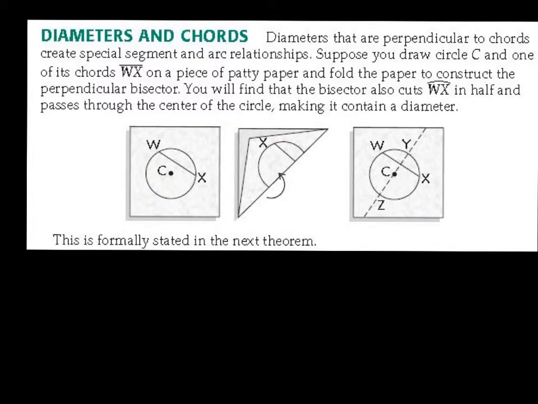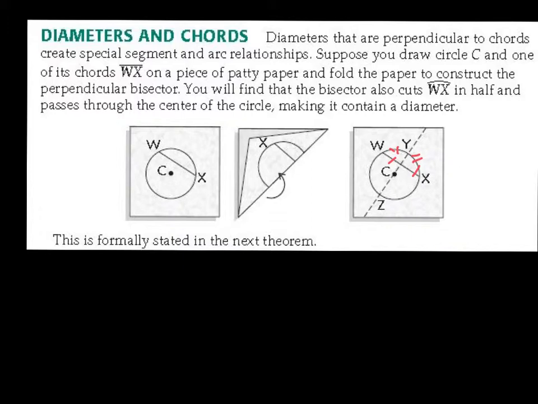Diameters that are perpendicular to chords create special segment and arc relationships. Suppose you draw a circle C and one of its chords WX on a piece of patty paper and fold the paper to construct the perpendicular bisector. So that's perpendicular and it goes through the center of WX. You will find the perpendicular bisector also cuts arc WX in half and passes through the center of the circle, making it contain a diameter.